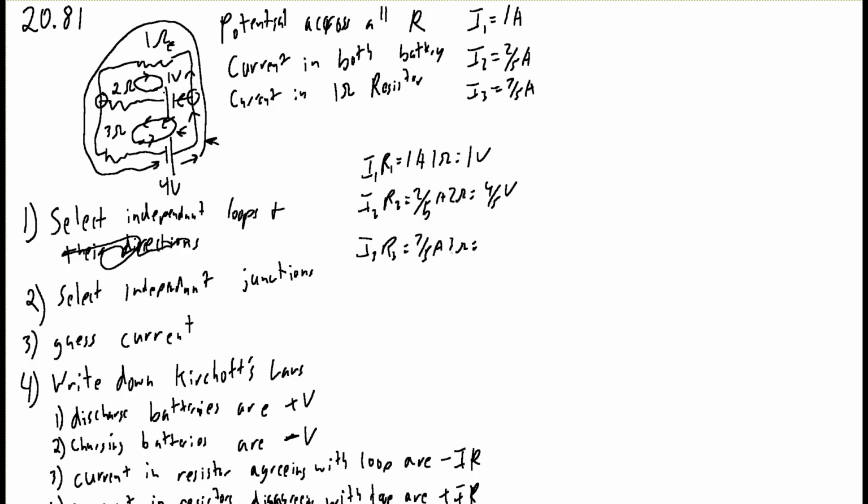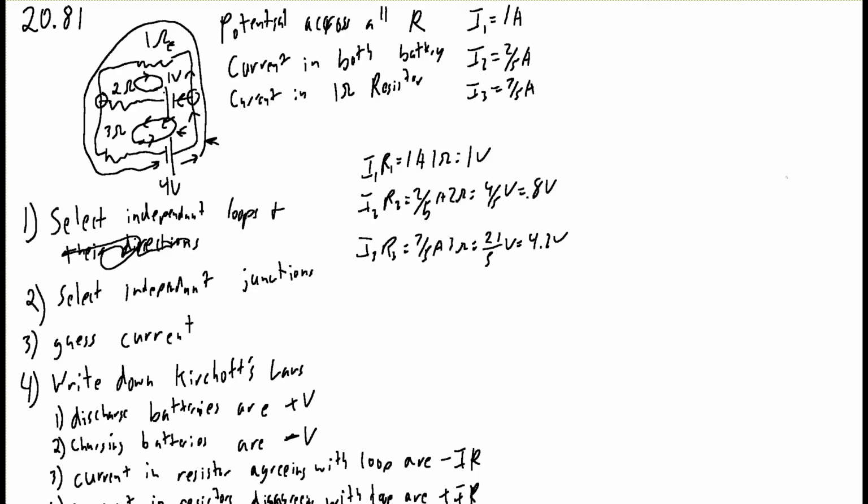And so that'll be 21 over 5 volts. 21 over 5 is 4.2. 4.2 volts goes here, and this one is 0.8 volts if you were so inclined.